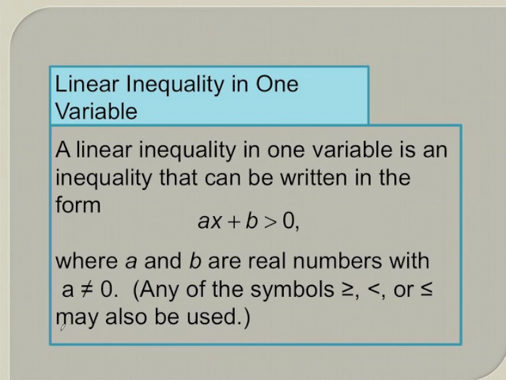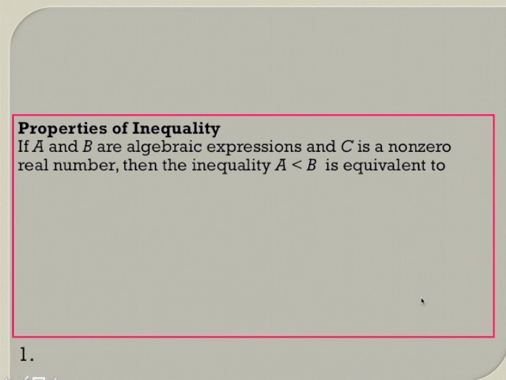Now we want to solve linear inequalities in one variable. A linear inequality in one variable is an inequality that can be written in the form ax plus b is greater than 0, where a and b are real numbers, a not being 0. And the symbols that we have, a greater than here, but greater than or equal, less than, or less than or equal could also be used. Now the properties of inequality.